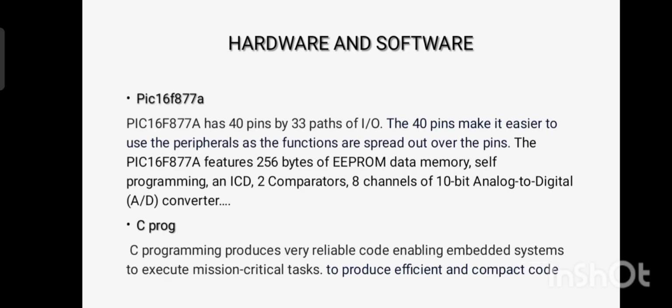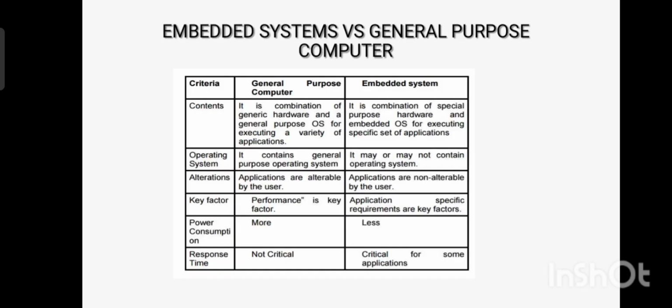So in our project, we are going to use hardware, the microcontroller PIC16F877A, and for software we are using the C programming language, because it is more reliable than other languages and more understandable. And why embedded systems?